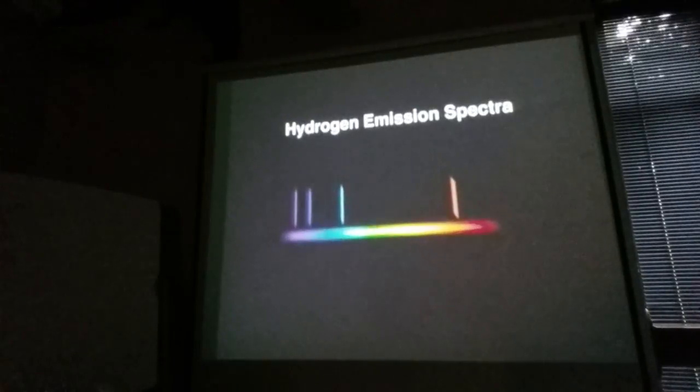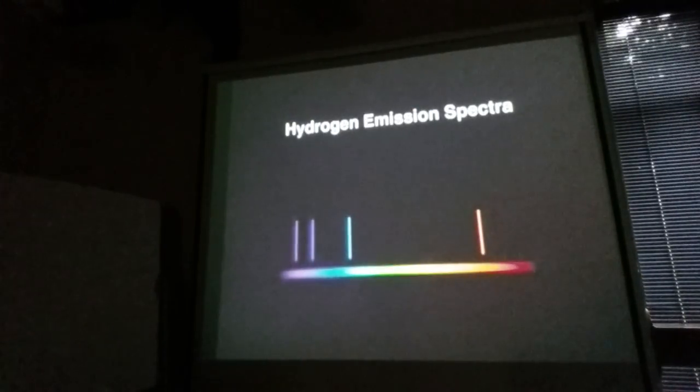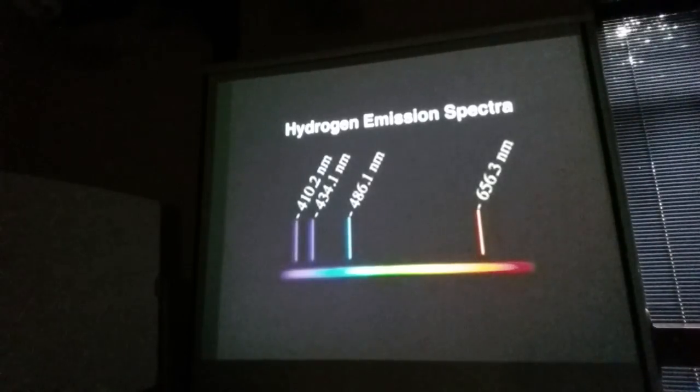This emission spectra of hydrogen is exactly what we see. Notice that only particular wavelengths of light are emitted, wavelengths that correspond to the required amount of energy to jump between levels. Furthermore, Bohr was able to calculate the exact wavelengths of the spectral lines of hydrogen in the visible region of the electromagnetic spectrum.